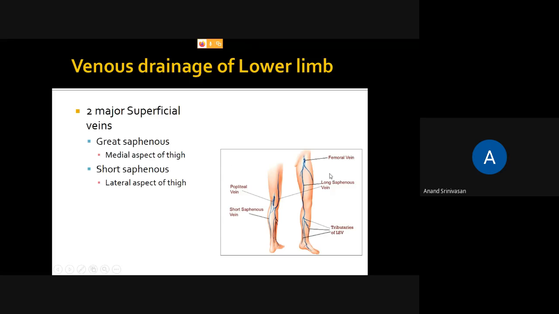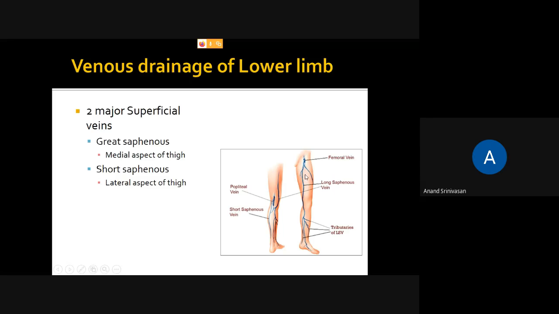Both are the same. They are superficial because we can see them in persons who are very thin, and in persons who are standing for a long time, you may be able to visualize this vein, which is called the long saphenous vein or great saphenous vein. The other vein is the short saphenous vein, also called the small saphenous vein.